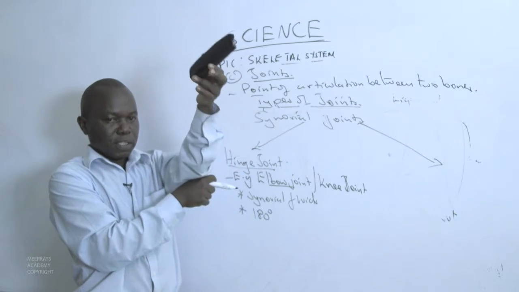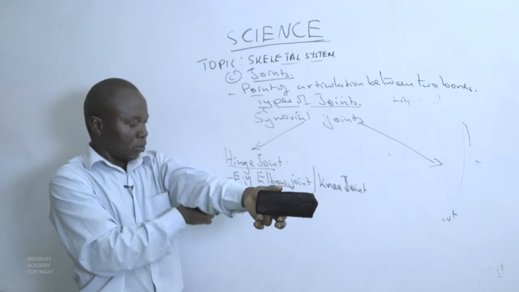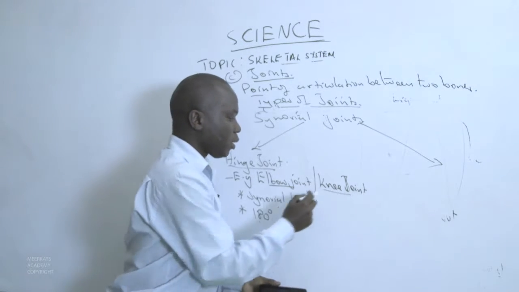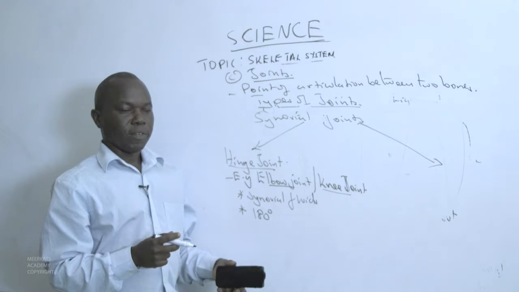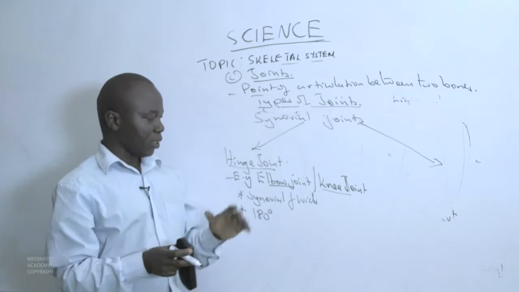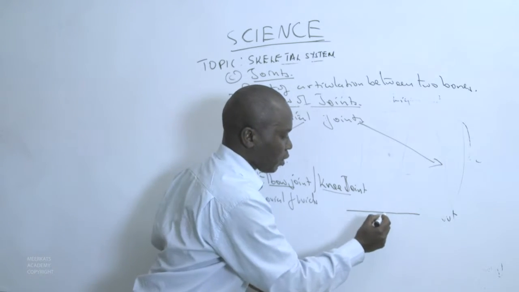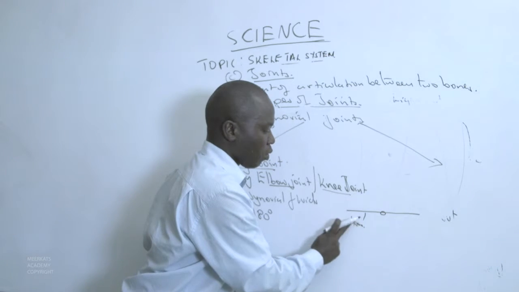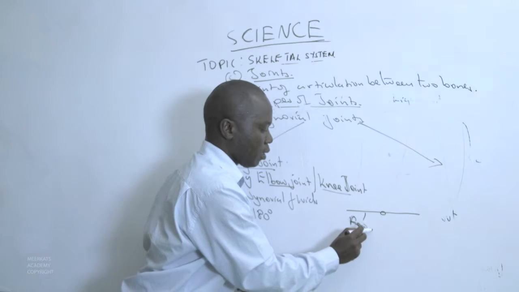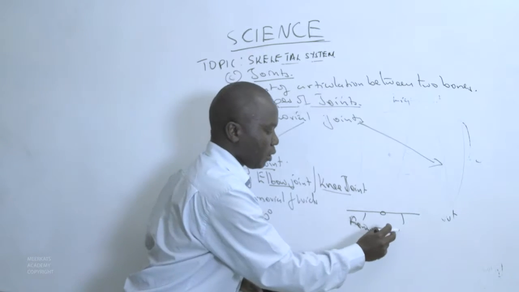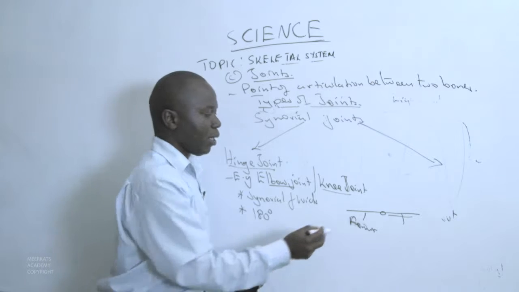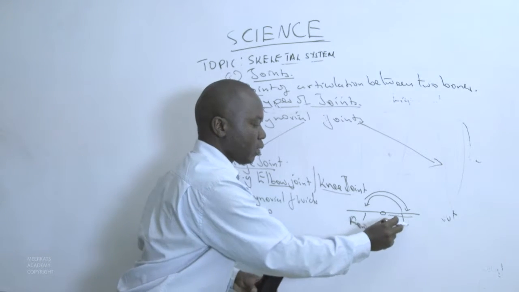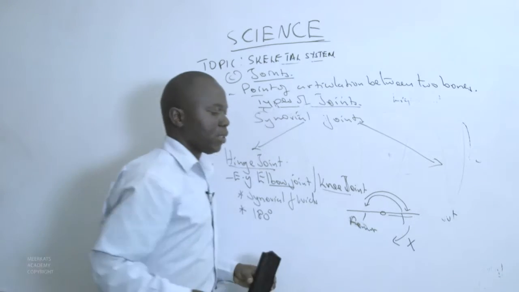That's 180, and then it moves that direction through 180 degrees. The same to the knee. The lower limb can only move in that direction. So if this is the limb, that is the humerus or femur, that is the tibia and fibula, it can only move that direction and back. It can't go beyond that.